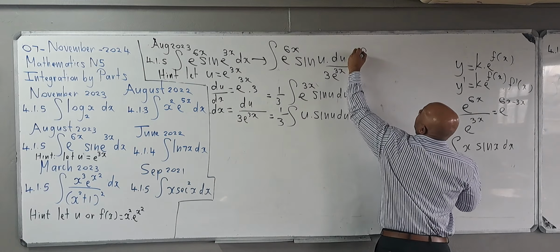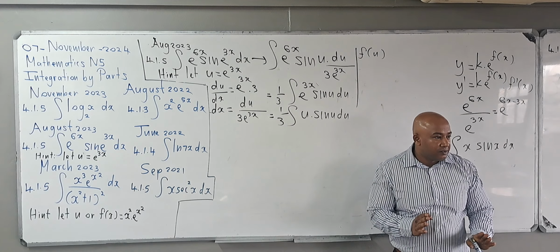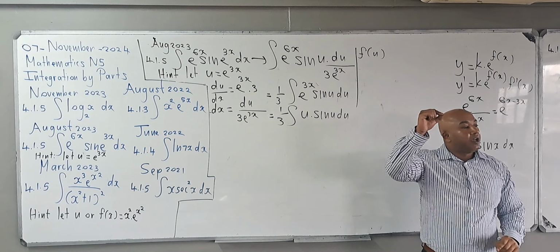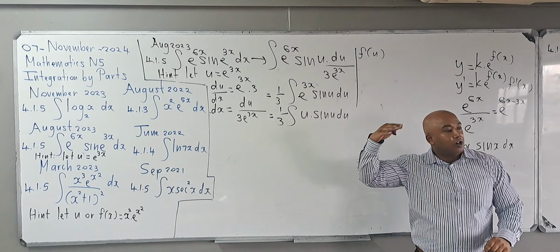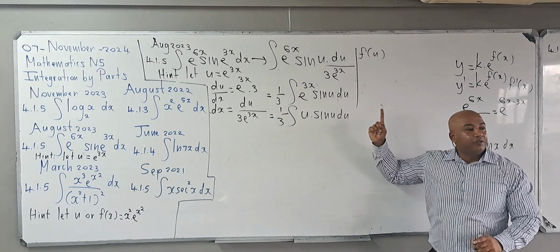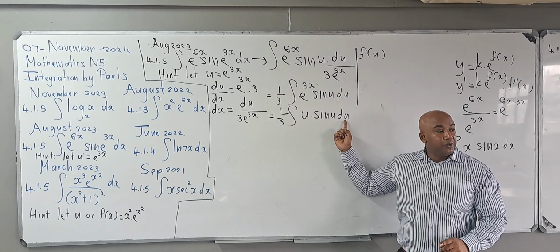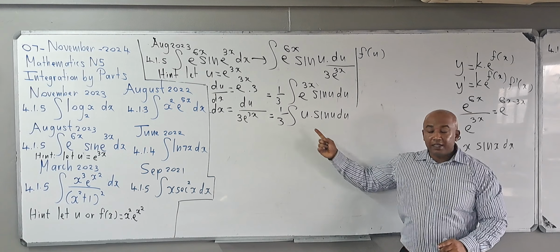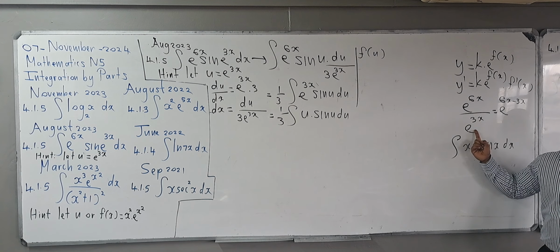So f of u, I'm not going to call it f of x now. Alright, I'm going to the priority list now. The priority list for choosing f of x normally is just that it's now f of u. So between u and sine u, u is like x, number 3 on the priority list.